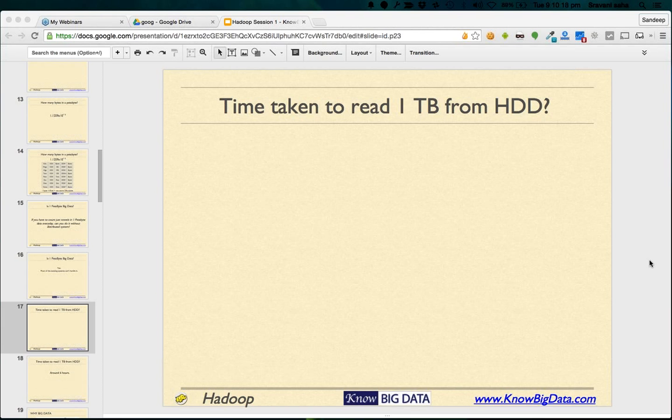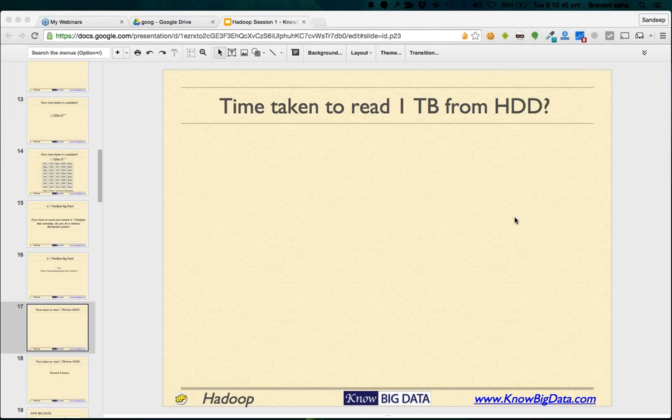Hard disk is the disk which you generally have in your computer for permanent storage. Permanent storage as in between the power cycles, between you shut down and start, the data in the hard disk stays unless it gets corrupted. So the question is, how much time would it take for your computer to read 1 terabyte of data from a normal hard disk?